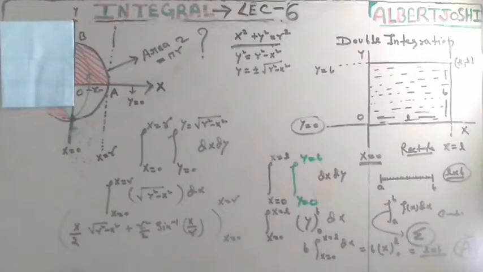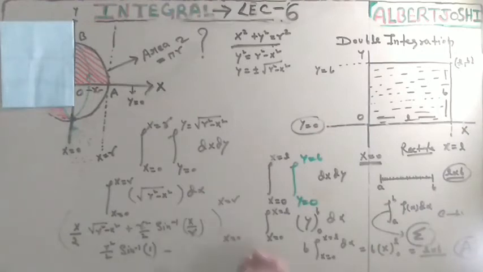So then you have to put x is equal to r and 0. For 0, 0 into something is equal to 0. Now if you put r, you get sine inverse r upon r. Your value will be r square upon 2 sine inverse r upon r, which is sine inverse 1.